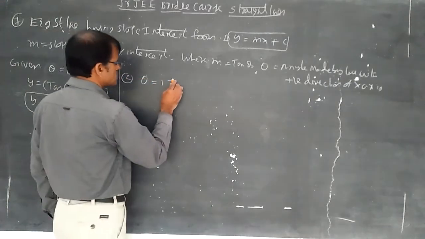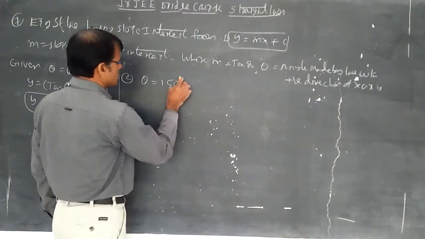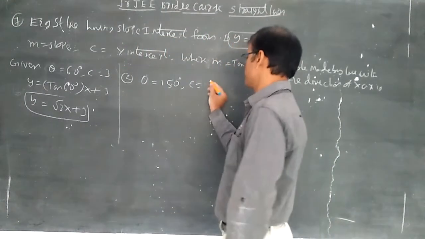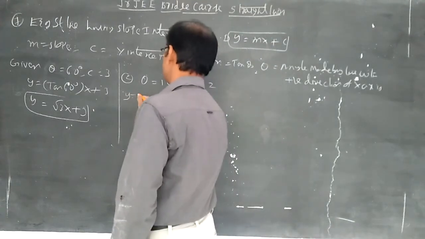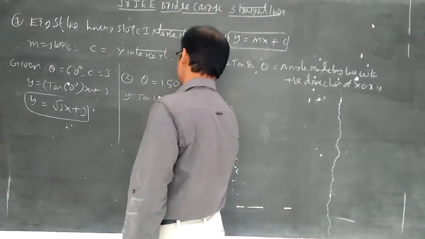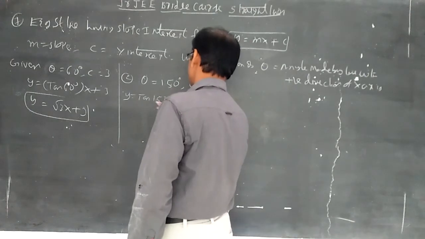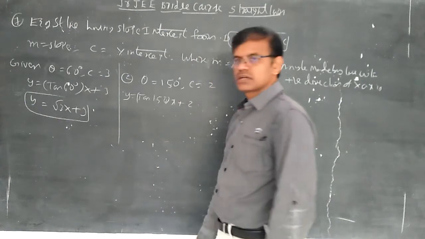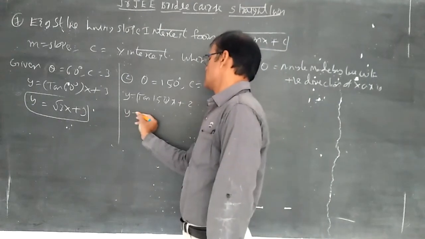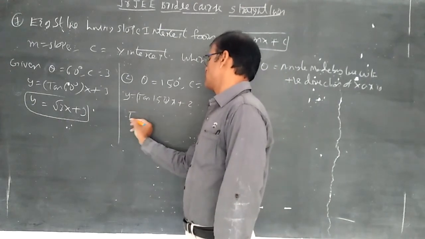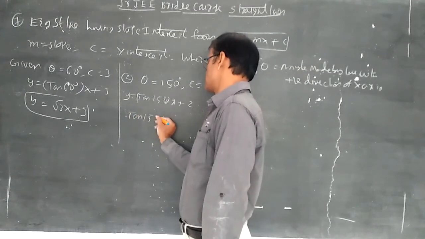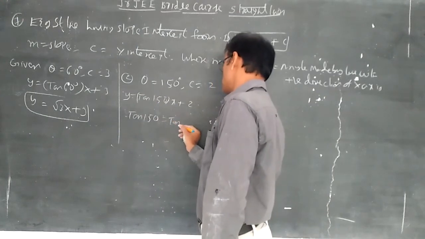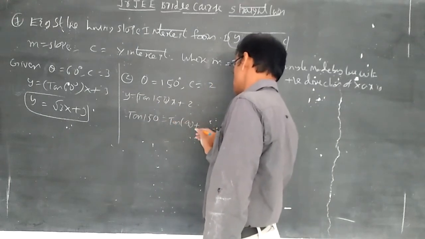Next, second question, given theta is equal to 150 degrees and c is equal to 2. So you can write y is equal to tan 150 degrees into x plus 2, using m is equal to tan theta. Tan 150 is equal to tan of 90 plus 60.